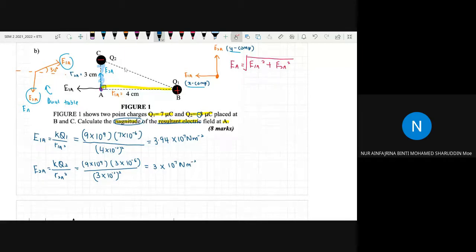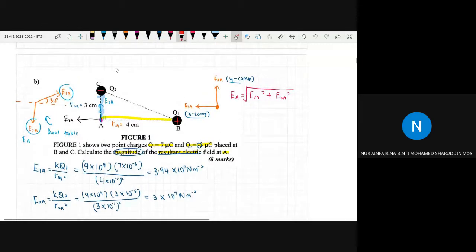Okay, now a very quick recap. Remember, untuk electric force and also electric field tak perlu masukkan negatif. Okay, negatif ignore. Okay, very important. Electric force and electric field tak perlu masukkan negatif.